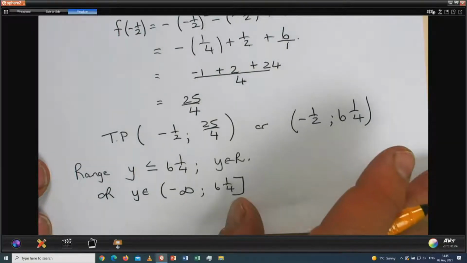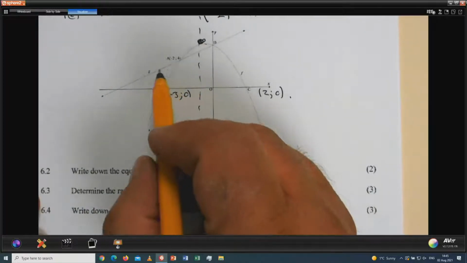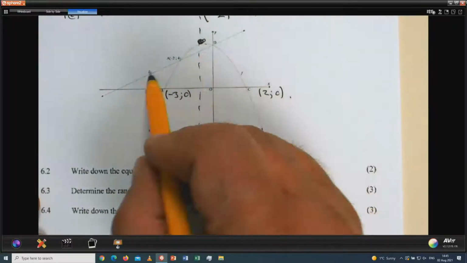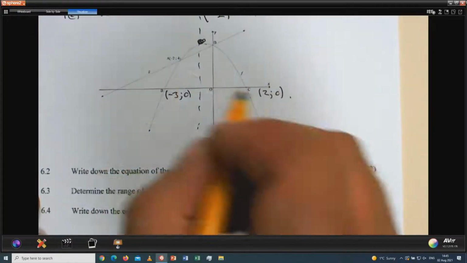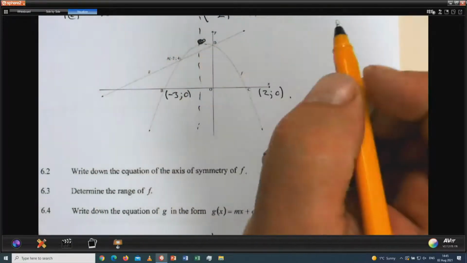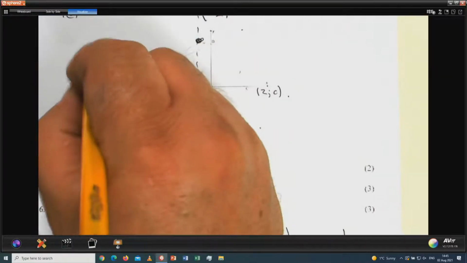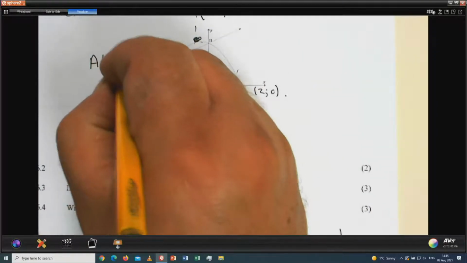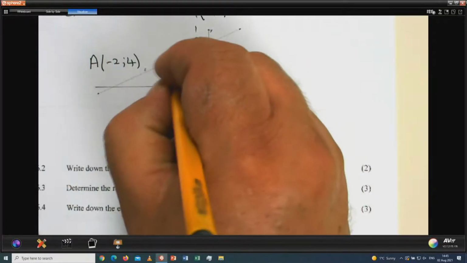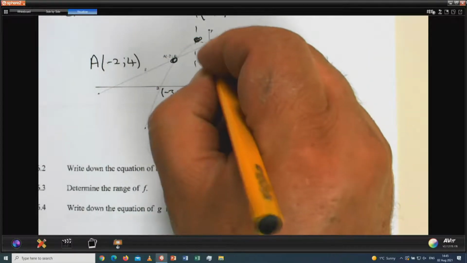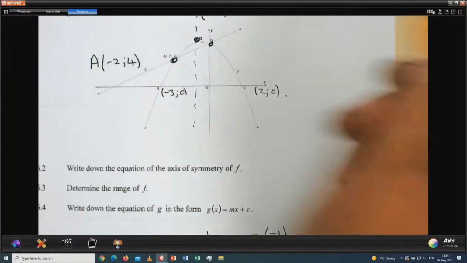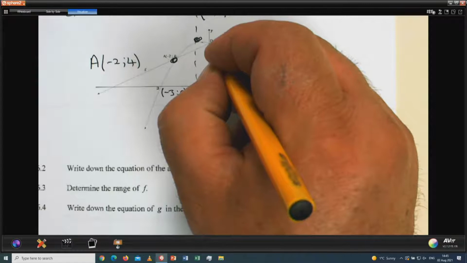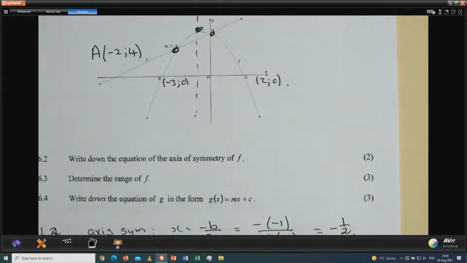The next question, write down the equation of g. We're going to find the equation of g. Now we've got this point here, the point A. Point A is given by (-2, 4). And we're going to find D. Now D in this case is your y-intercept, and for your y-intercept, we need to put x equal to 0.